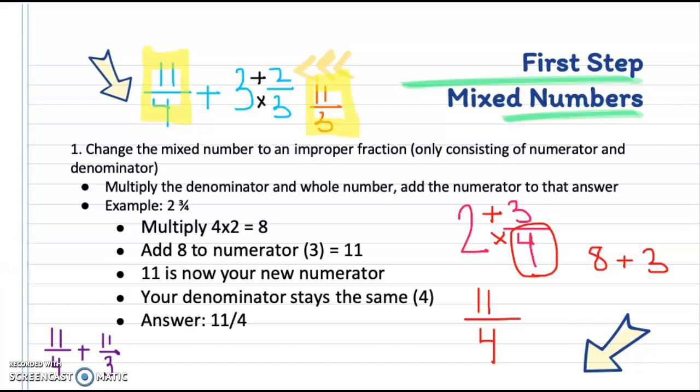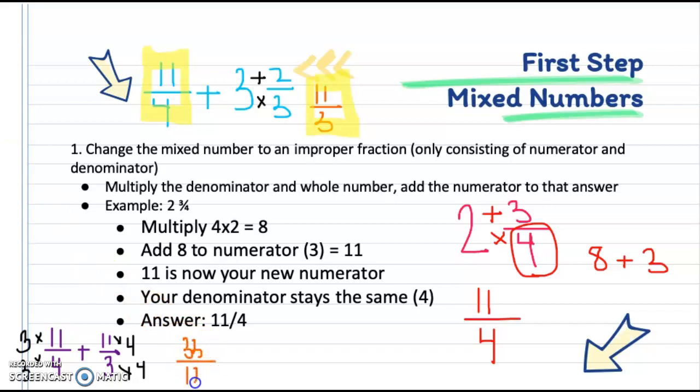So you can think of, 12 is the least common multiple, so we're going to multiply 4 by 3, because 4 times 3 is 12, and whatever we do to the top, we have to do to the bottom. So then over here you would do 3 times 4, because that equals 12, and then 11 times 4.